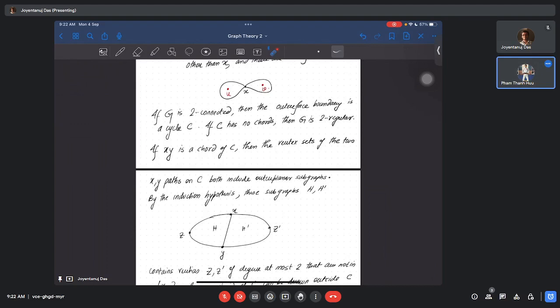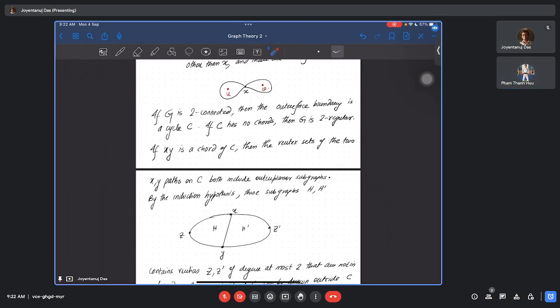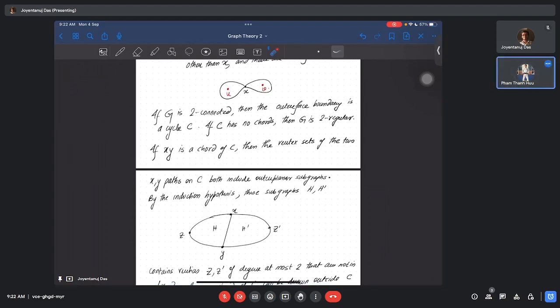Include an outerplanar subgraph. Contain an inverted graph.